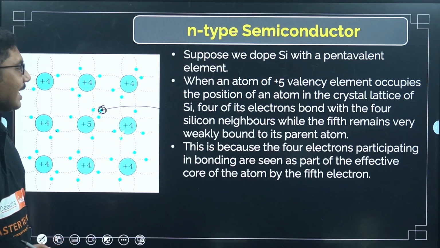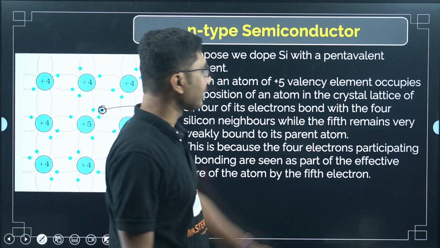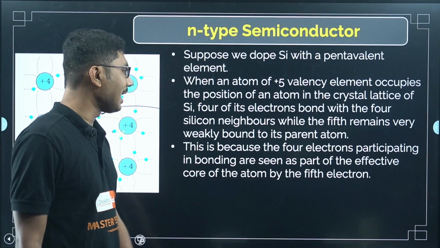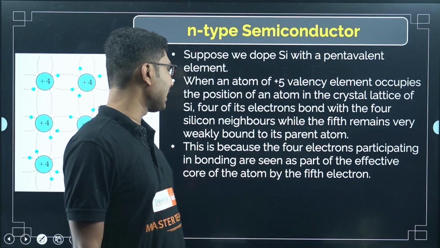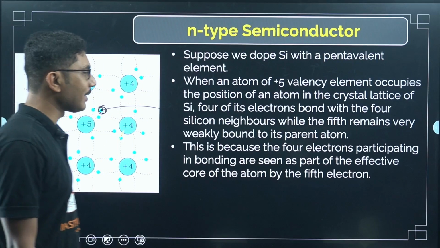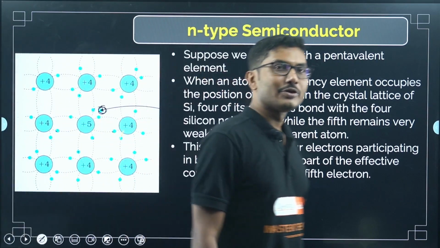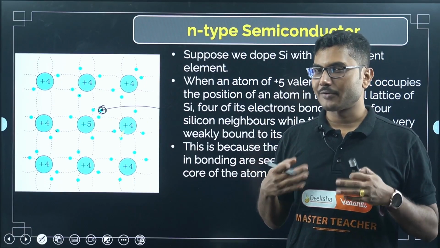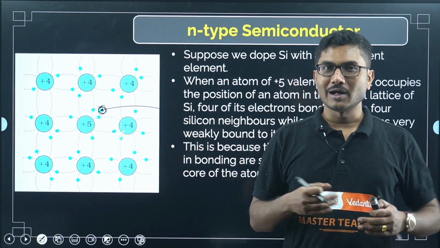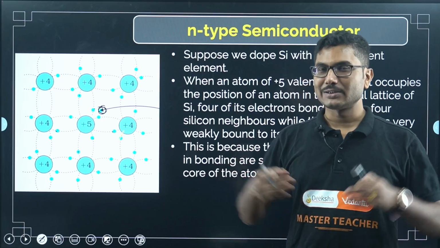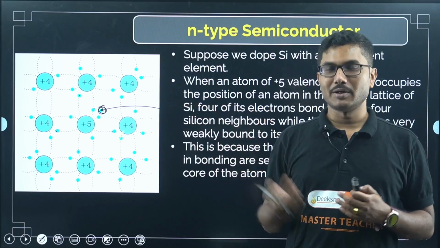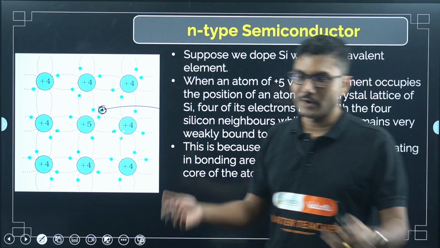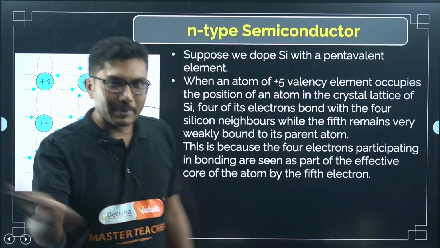Why? This is because the 4 electrons participating in the bonding are seen as part of the effective core of the atom by the 5th electron. So it will see, okay, I am the adopted child. I am not part of the family, because till now he was carrying me, but as soon as he saw the family, he left me out. So he will rebel against the family.